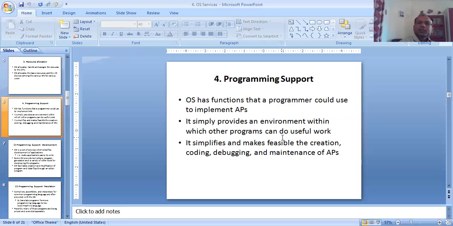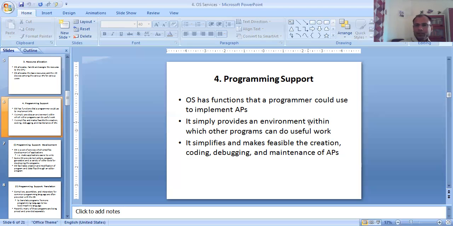So operating system provides the environment within which the other programs will do their useful work. So from the creation, that means writing the program, coding, translation, compilation, debugging, maintenance, there will be the role of the operating system.